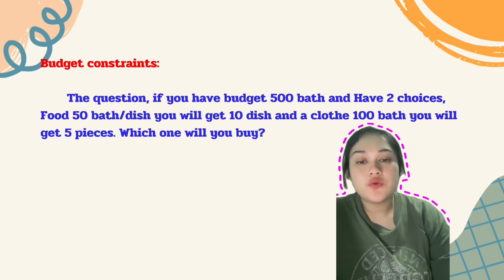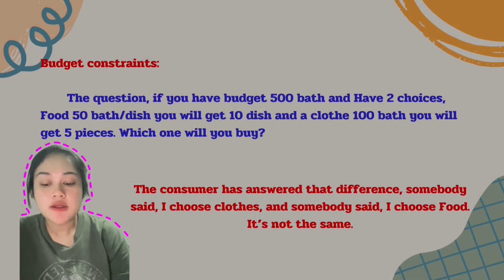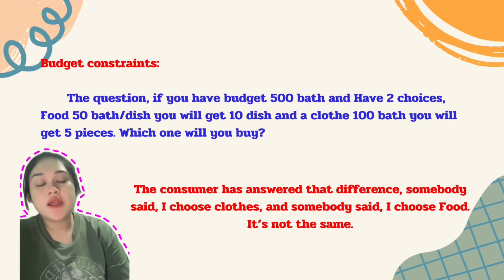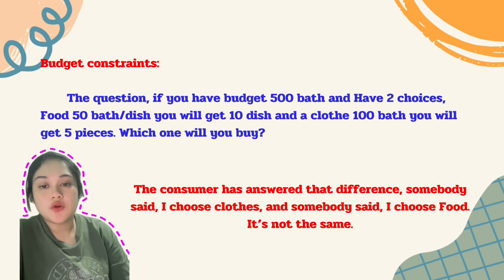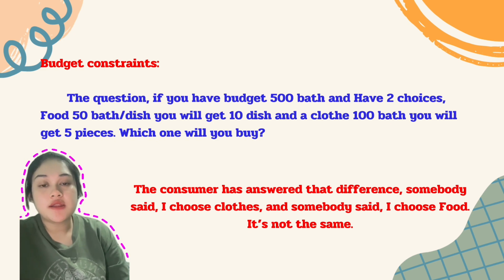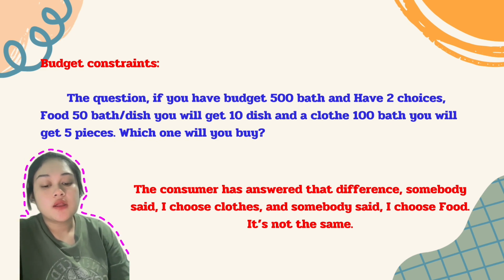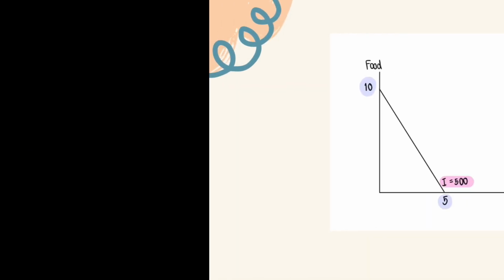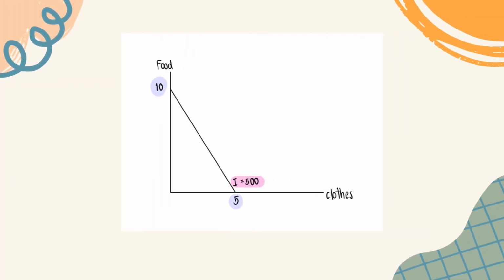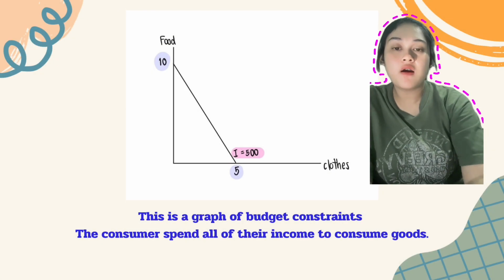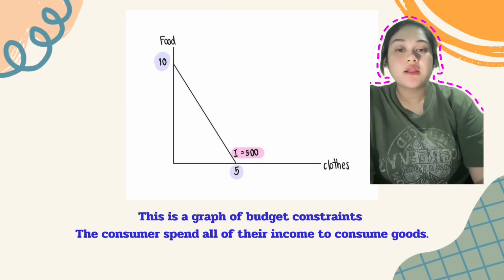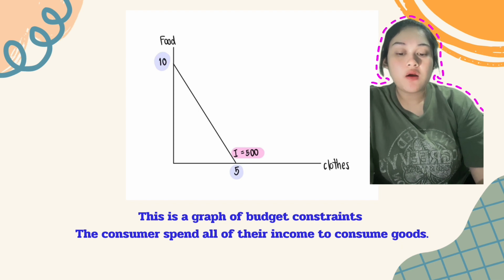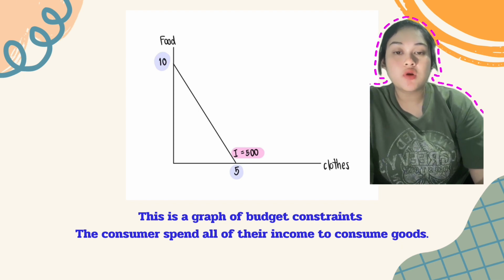Which one will you buy? The consumers answered differently. Somebody said coat and somebody said food. It is not the same. This is a graph of the budget constraint. The consumer spends all of their income to consume goods.